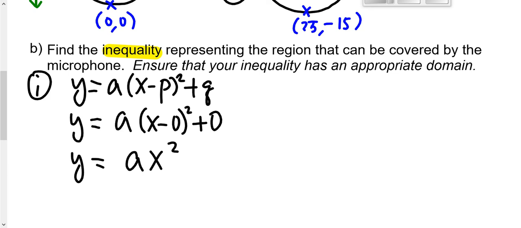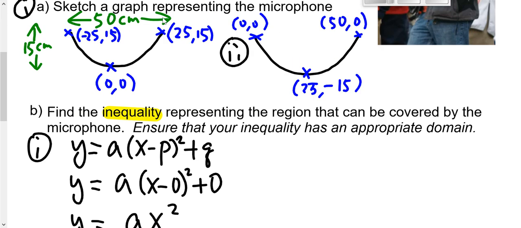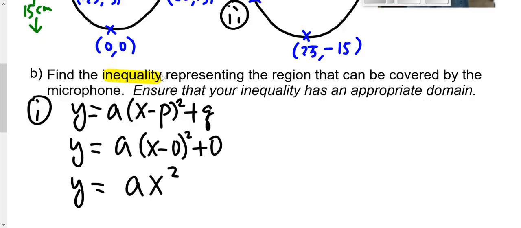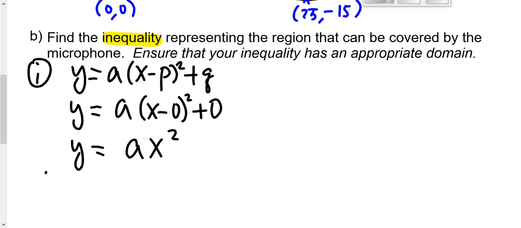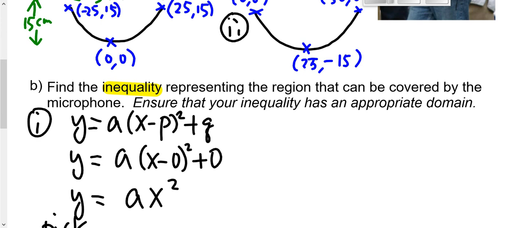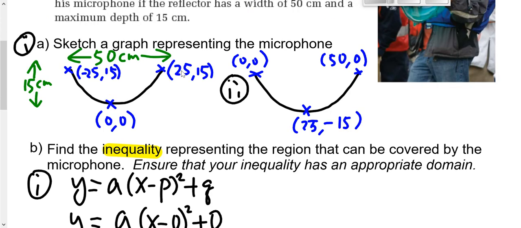Okay, and then of course, just like the last question or like what we did before in the quadratic unit, we just pick a point. It doesn't matter, you can pick this point, x and y. Let's use a positive one.